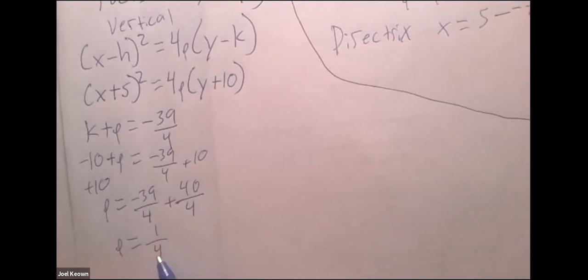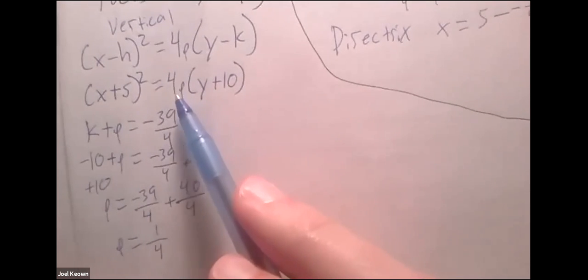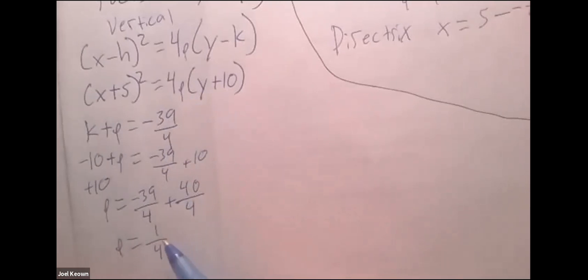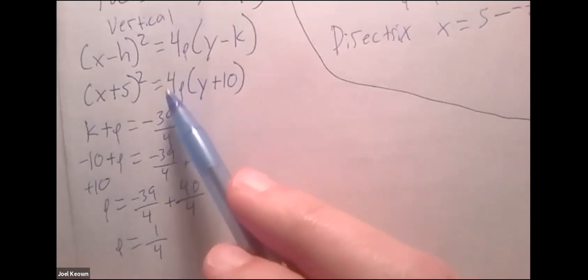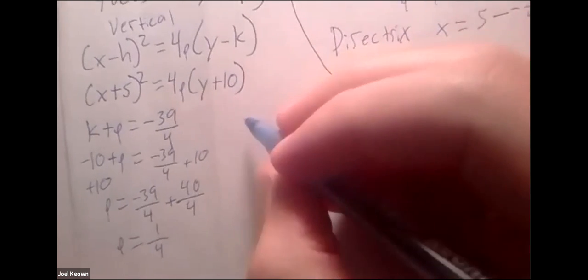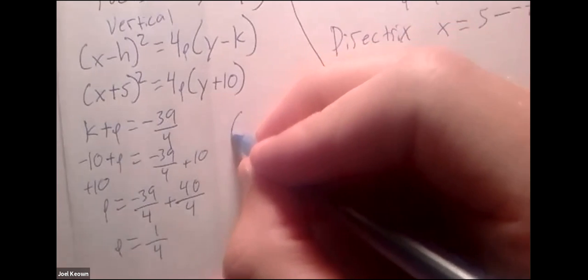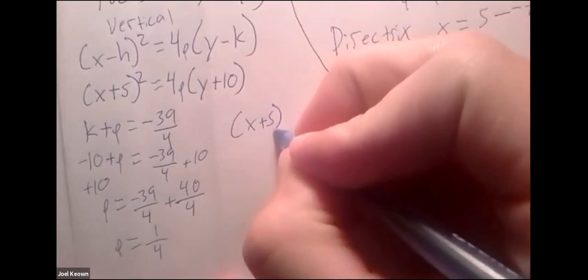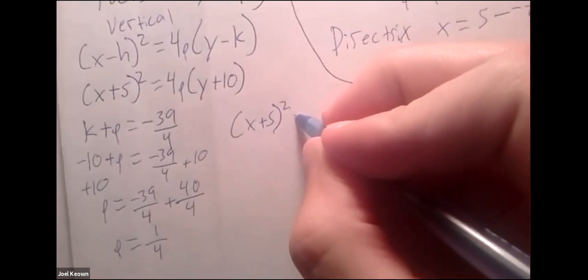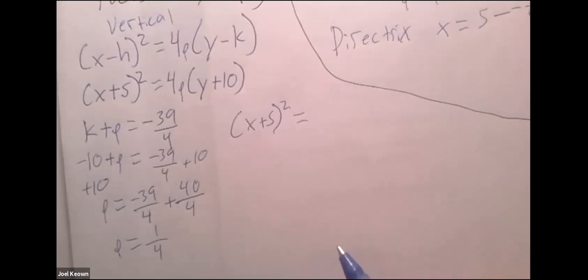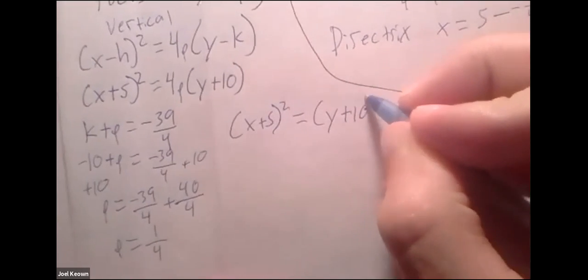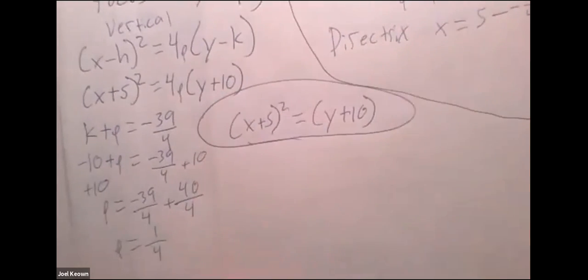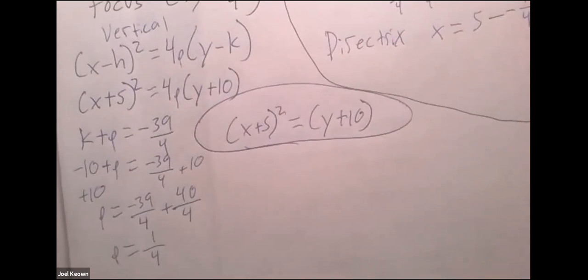So now I can plug that 1/4 in up here. Well, what is 1/4 times 4? Well, it's just 1. So I can really just leave that part off. So my final equation is going to be x plus 5 squared equals 4 times 1/4, which is just 1, times y plus 10. And there's my equation.